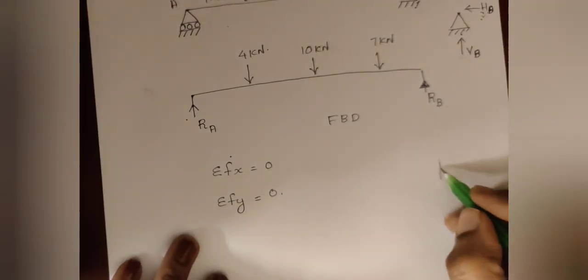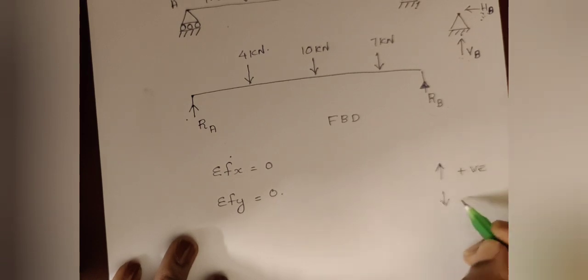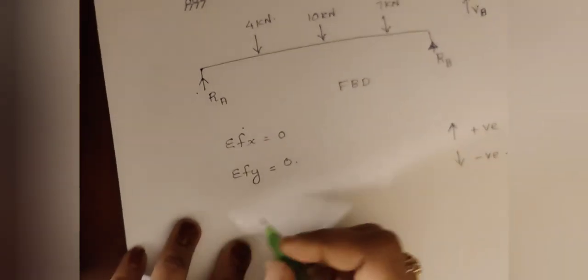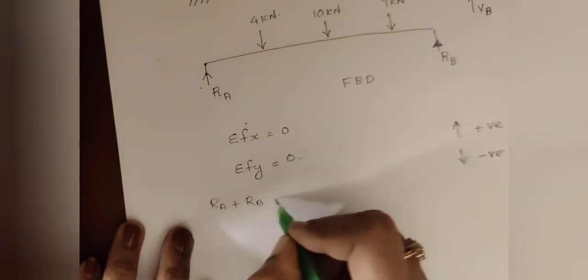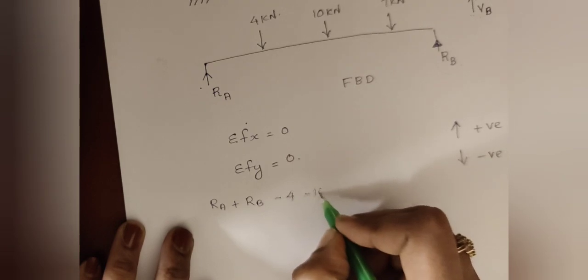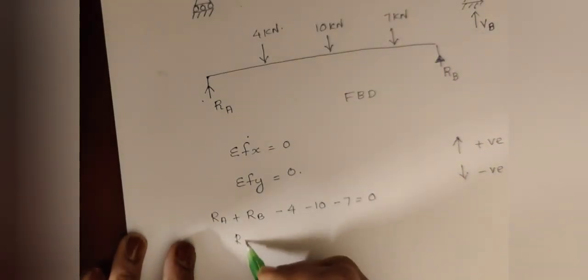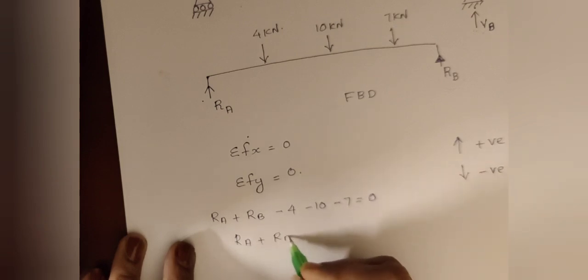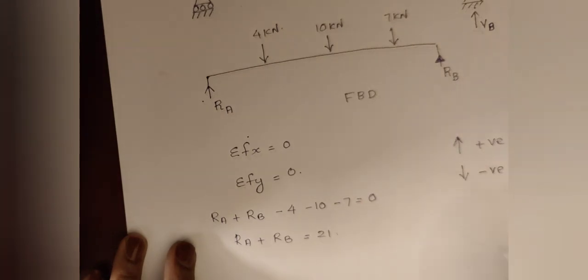Again the sign convention is upward force is taken as positive, downward force is taken as negative. So here the equation is Ra plus Rb minus 4 minus 10 minus 7 is equal to 0. So Ra plus Rb is equal to 21. That is the first equation.